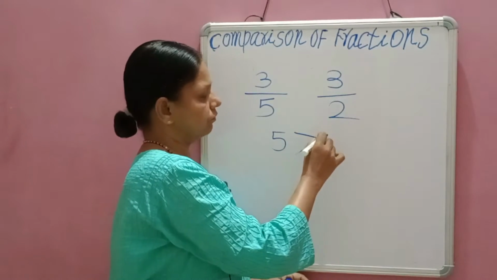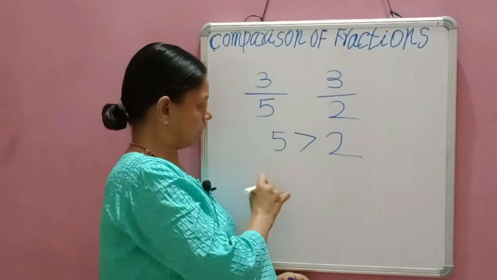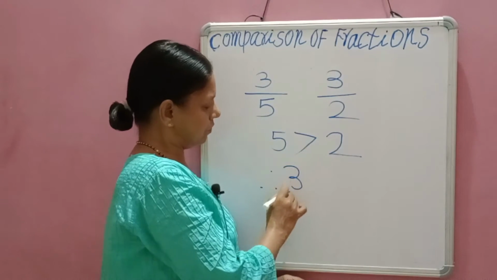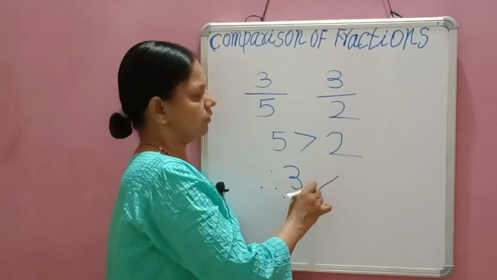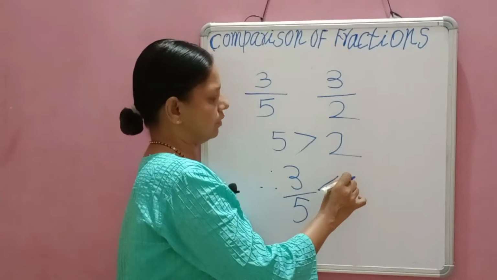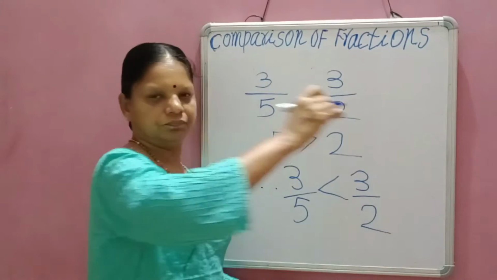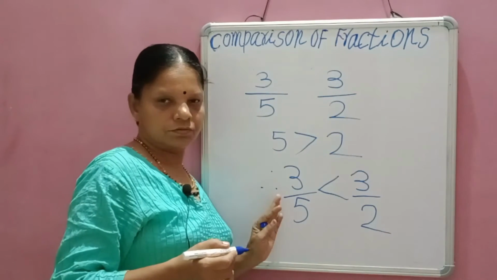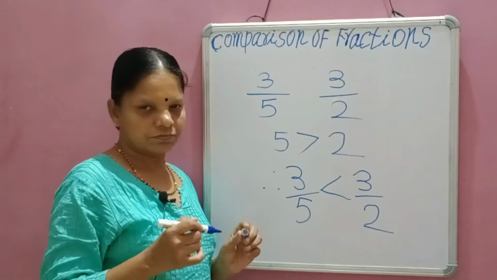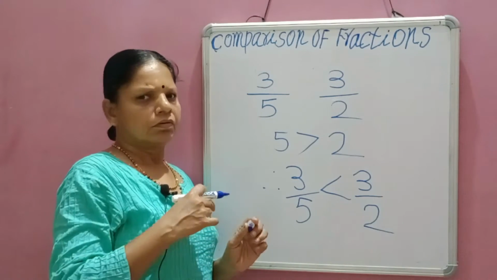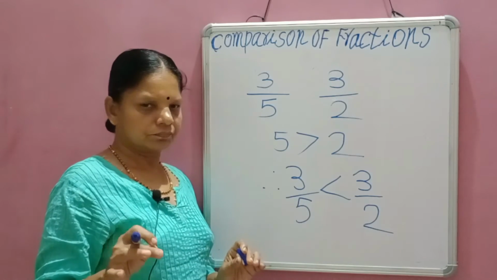So here 5 is greater than 2. So what can we write? 3 upon 5 is less than 3 upon 2. Clear this rule, both the rules? When the denominators are same, directly compare the integers in the numerator.